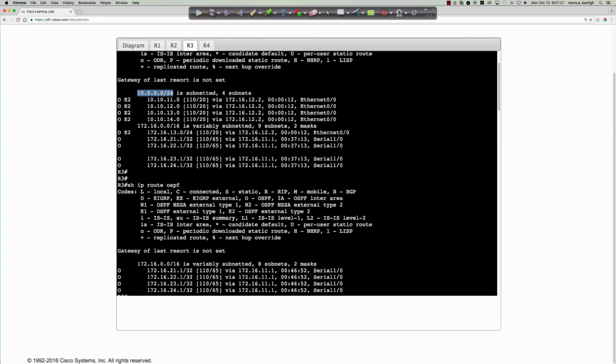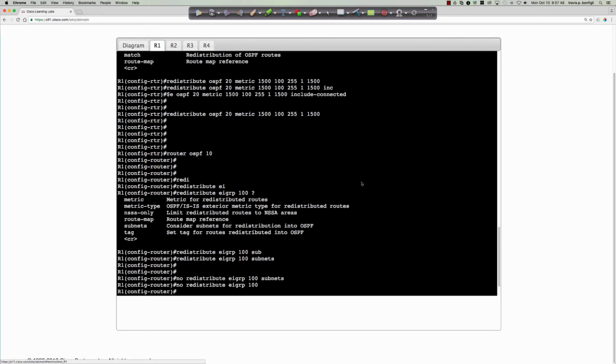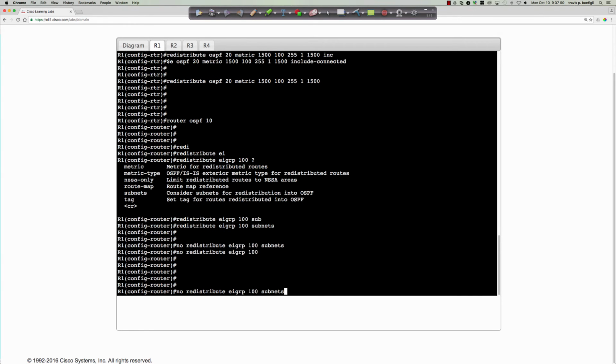So this could be a problem, right? Even this 172.16, it's a /24. So those are not classfully masked networks. Therefore, when I leave the subnets option off of my redistribution statement, we end up with this, which is nothing being redistributed in. So let's come back to router 1.